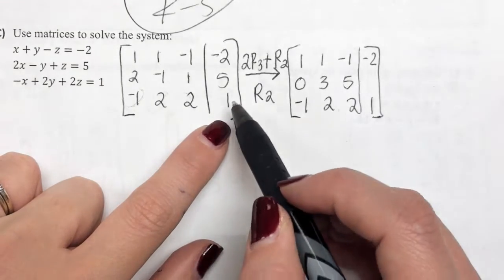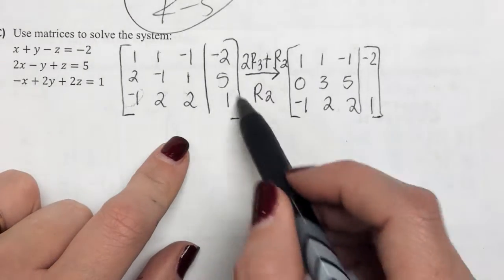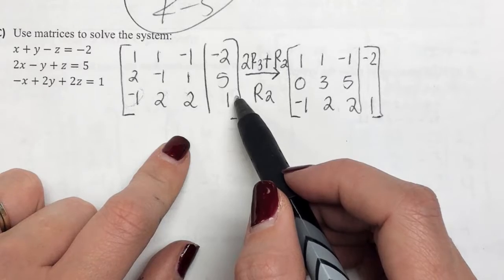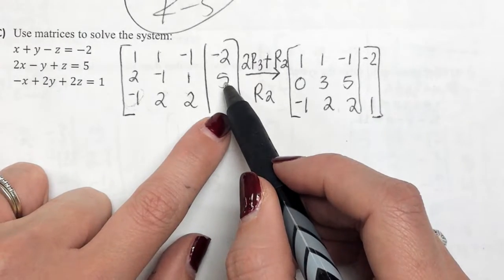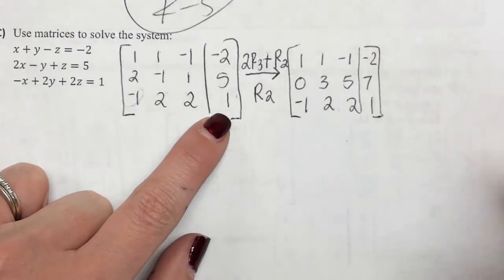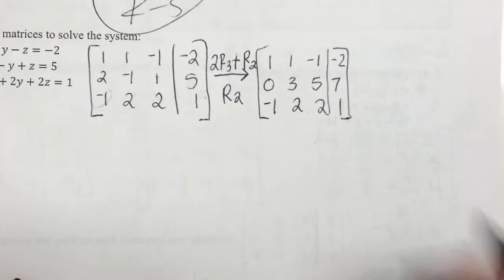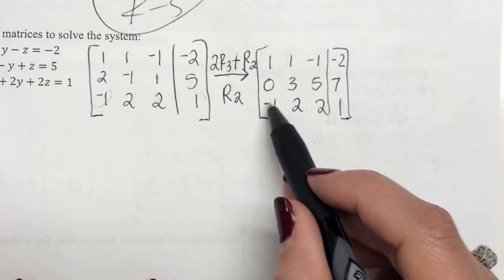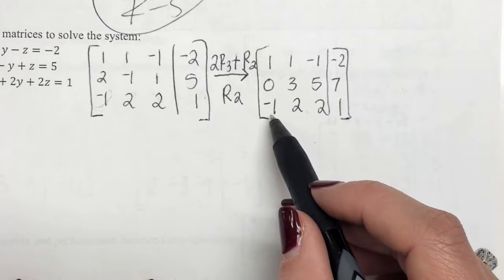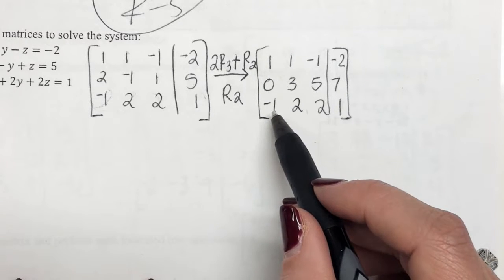Alright, row 3, this times 2 would be what? Plus 5? Good. Just finishing up that one. What's the next number we want to change here? This negative 1 to a what? Any suggestions?